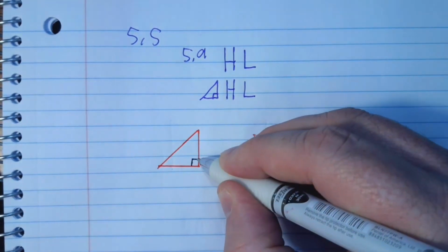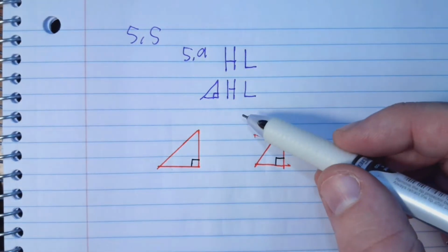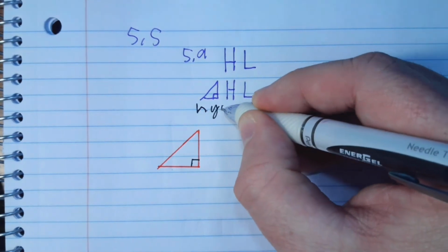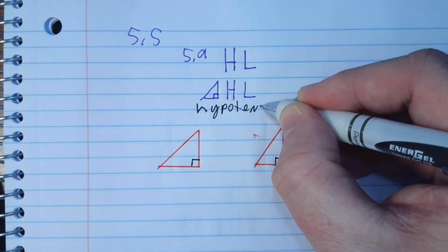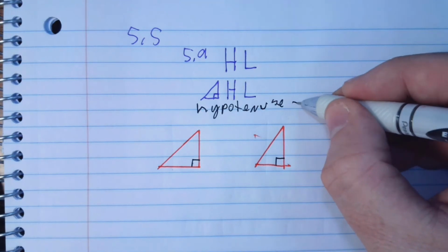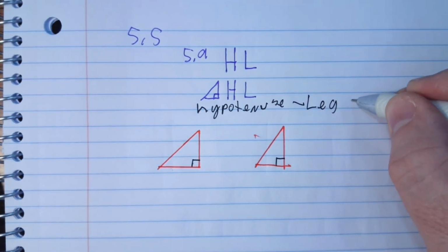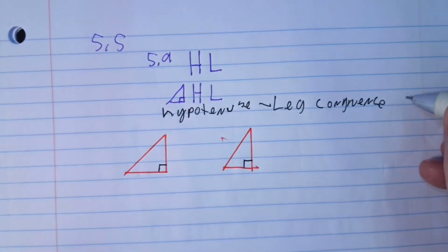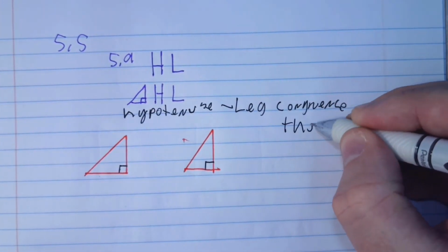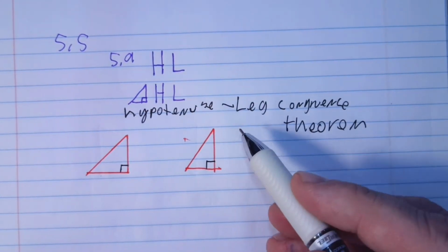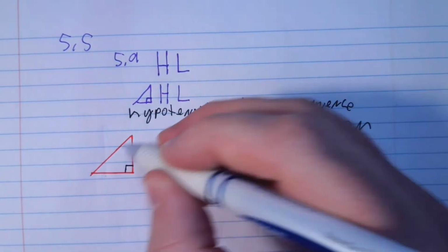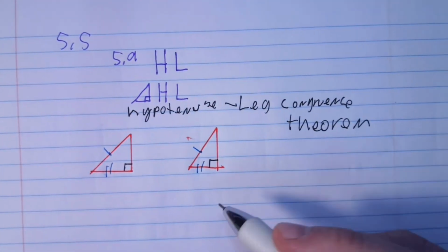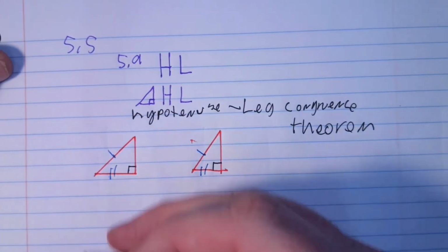So all of the theorems have three parts. So this is called the hypotenuse. Leg. Congruency. Or congruence theorem. I'll just write theorem below. Okay. Here's the parts of the triangle that you need to know.